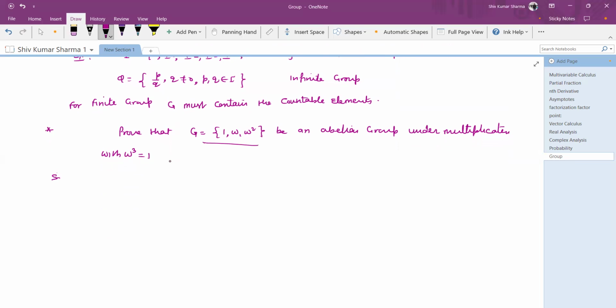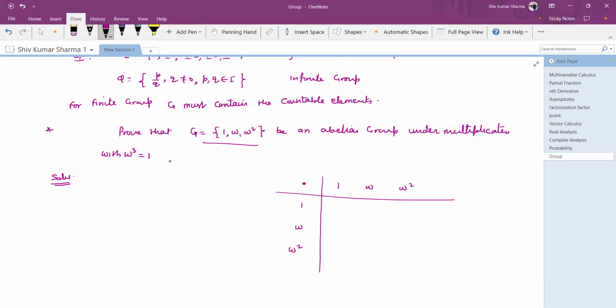When we prove this, we make a composition table. This is the best way to prove that. So for making the composition table under the multiplication operation, we take the elements 1, omega, omega square.